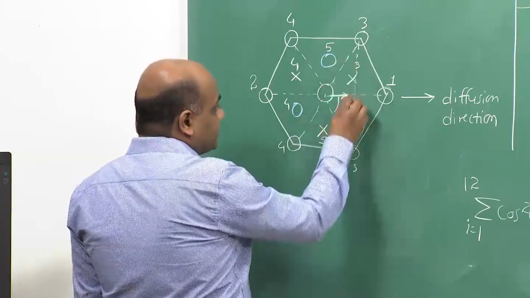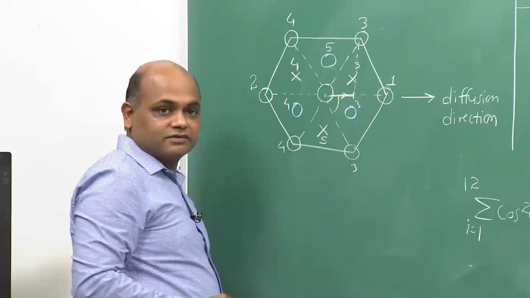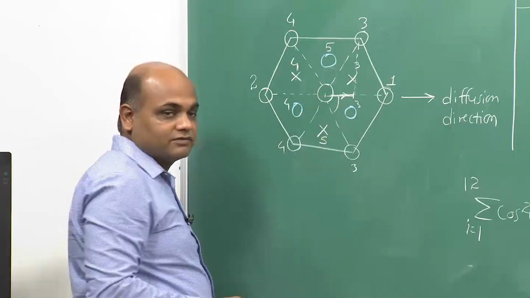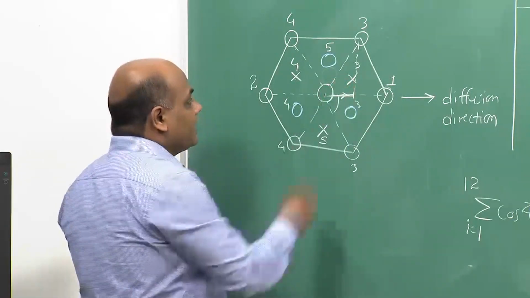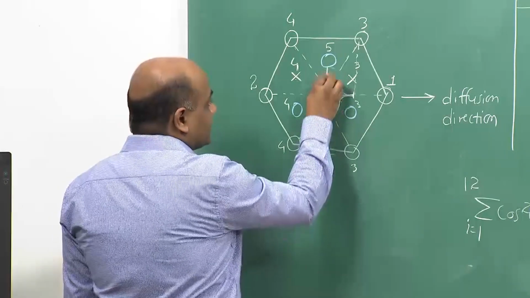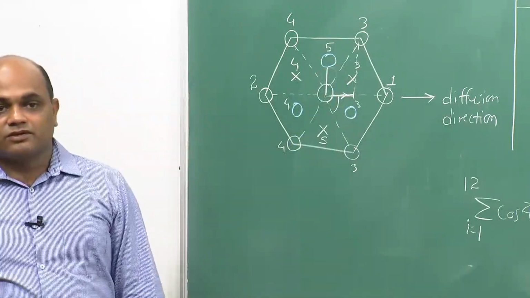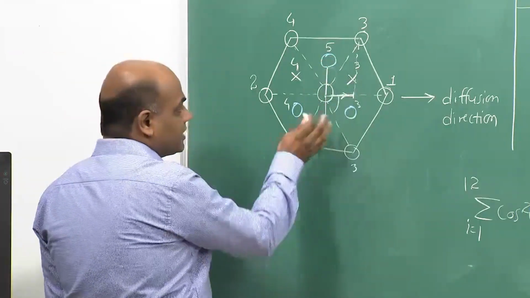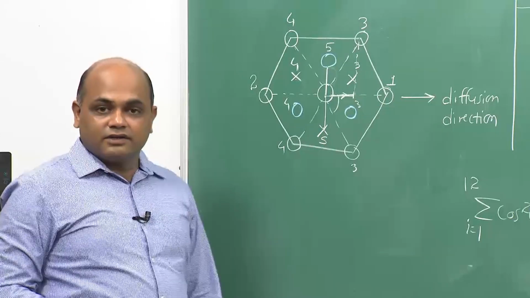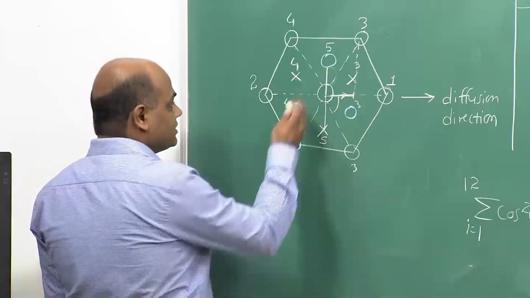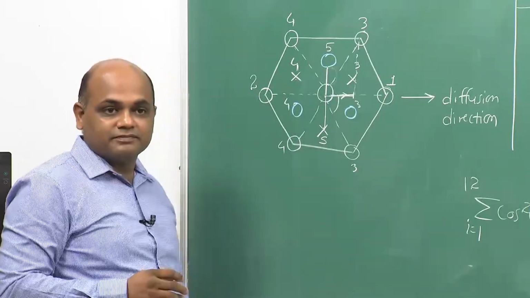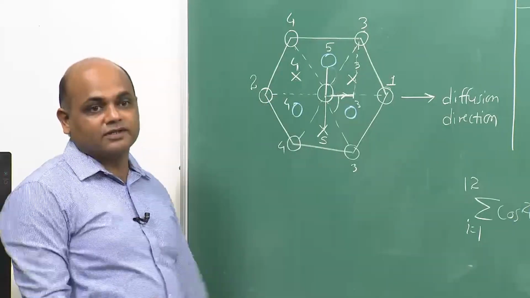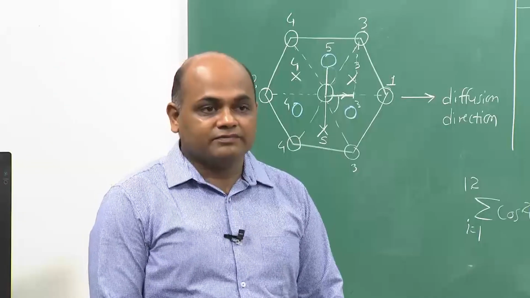So, in this case we see it is exactly half. So, cos 60 is half, the angle is 60 degree. In this case the projection is 0. So, any jump to this type 5 atoms is not making any contribution to the diffusion direction, whereas this is exactly the reverse jump. So, the contribution is minus 1, cos theta is minus 1. Okay. Thank you.